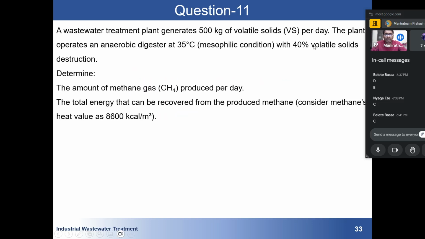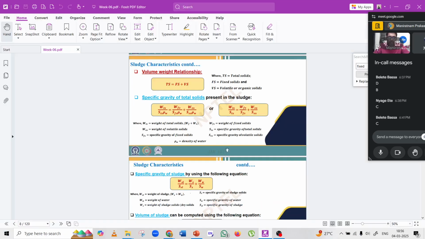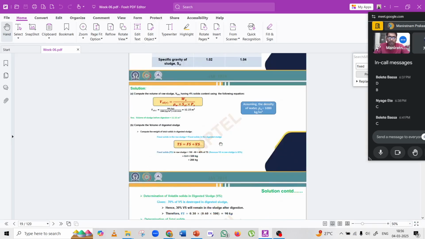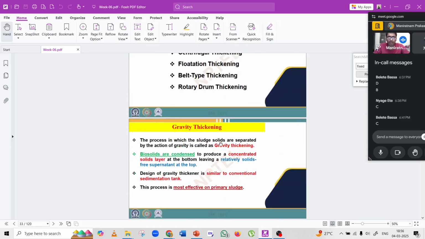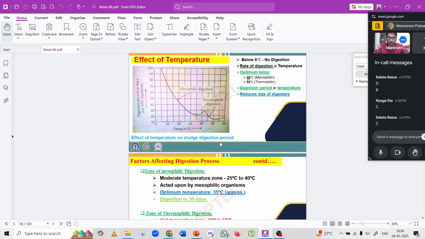Coming to question number 11, you can see your entire lecture notes is filled with numerical questions. I request everyone to go and solve each and every numerical question.